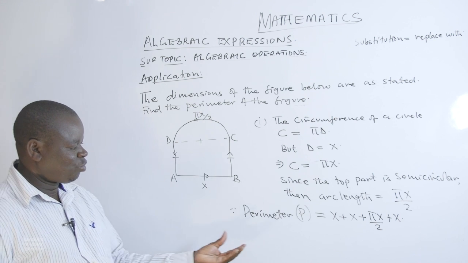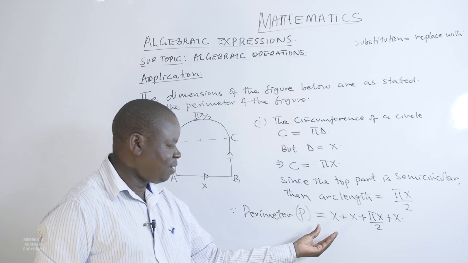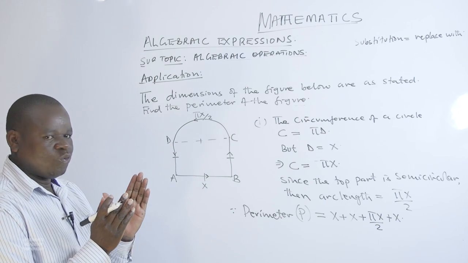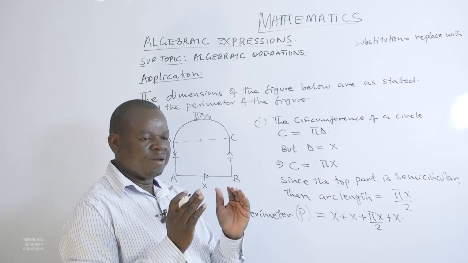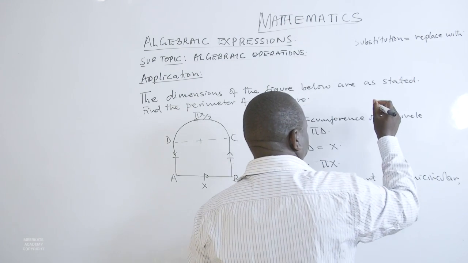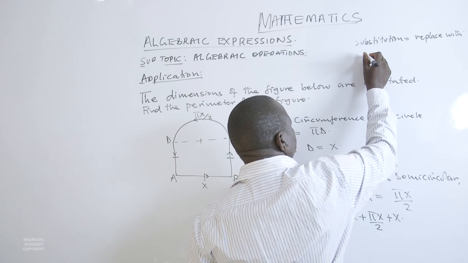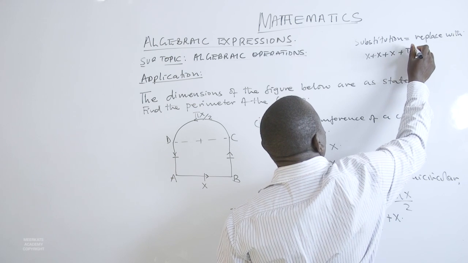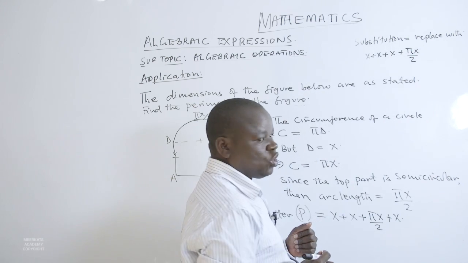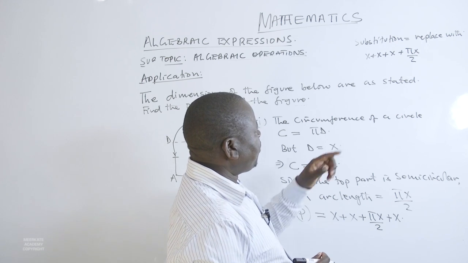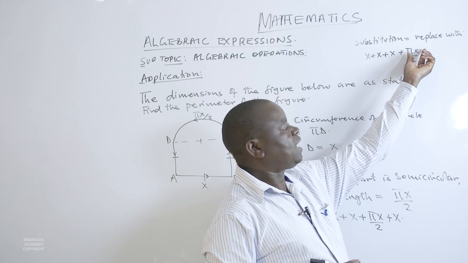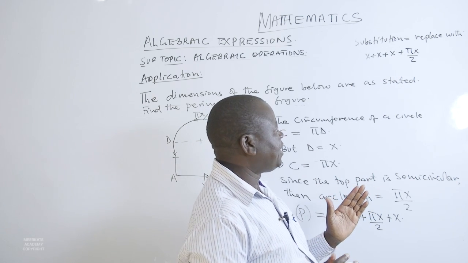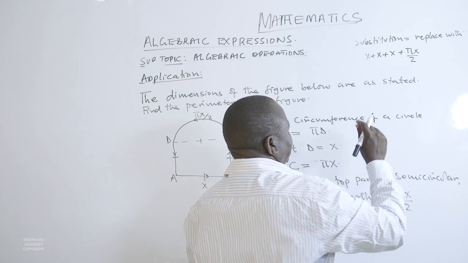Because we have similar terms in this algebraic expression, remember we have said we group all the terms with the same pronumeral together. Now this pi makes the last term not similar to the first three, so it will be treated independently.